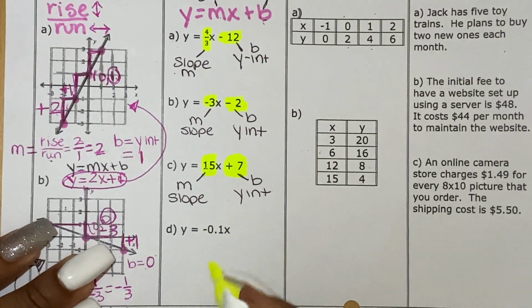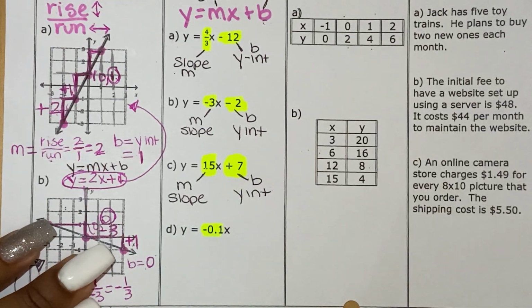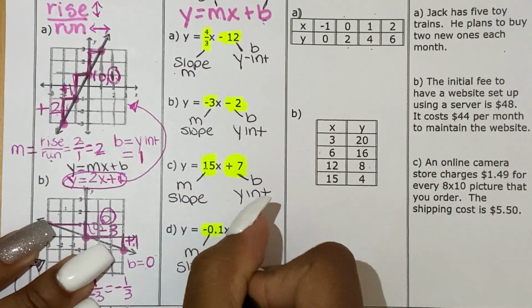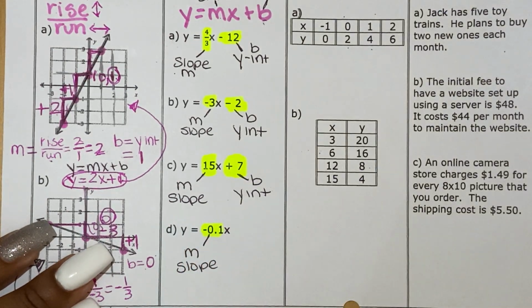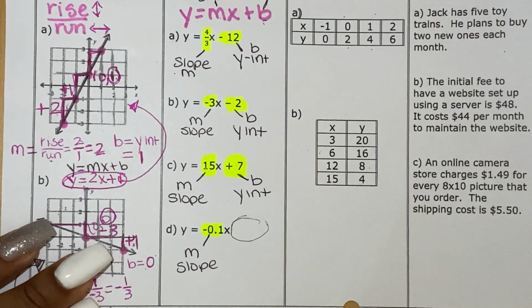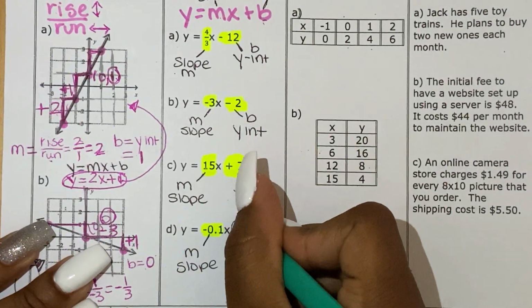-0 1/10 x. Well, this took the place of my slope, or my m, so that has to be my slope. I don't have anything over here to take the place of my b. So imagine a +0 here.